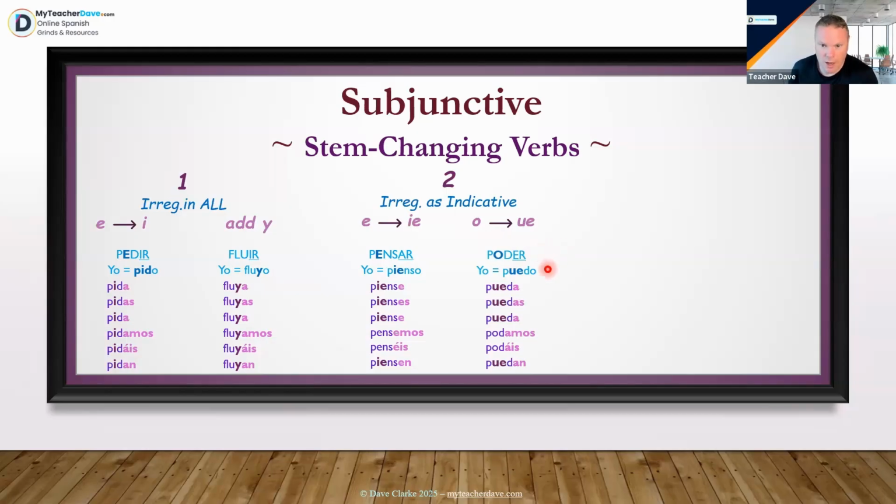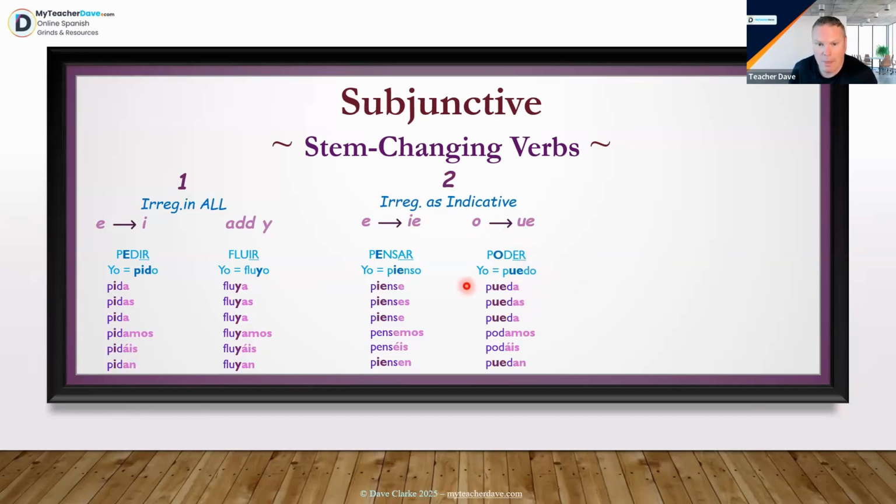So we move down, we know there's an O in the infinitive, and when we conjugate it in the normal present tense to say something like I can or I am able to, it is puedo. So the O changes to UE, and we keep that now. That's our starting point. We also cut off the O. It's an ER verb, so we're adding AR endings now in the subjunctive.